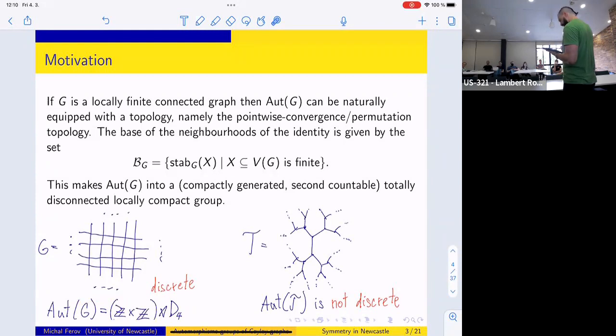Whereas if my graph is a tree, then I have an uncountable group, and there's a lot of topology, and still there are many things that are not known about these groups, and it's a very active and fruitful area of research.